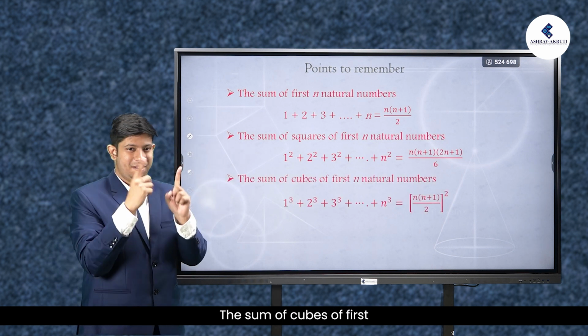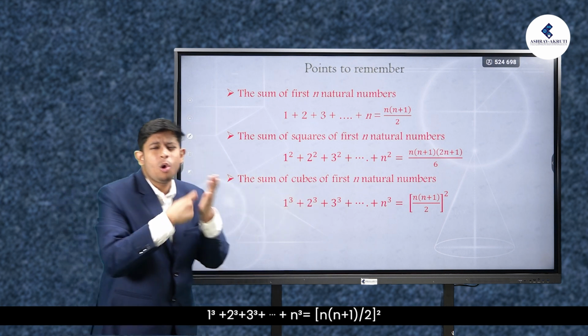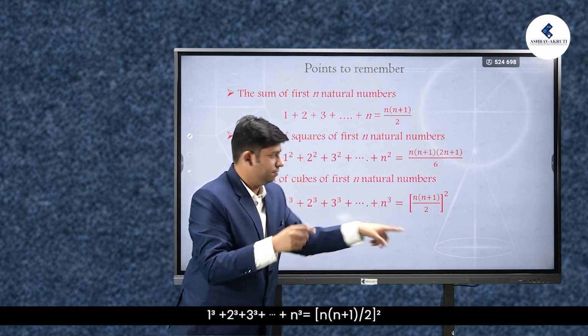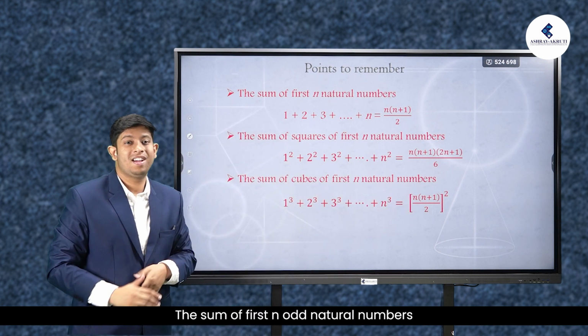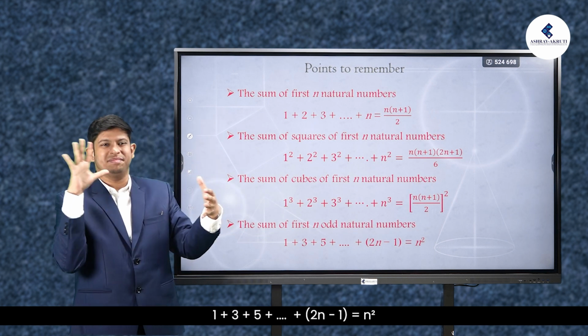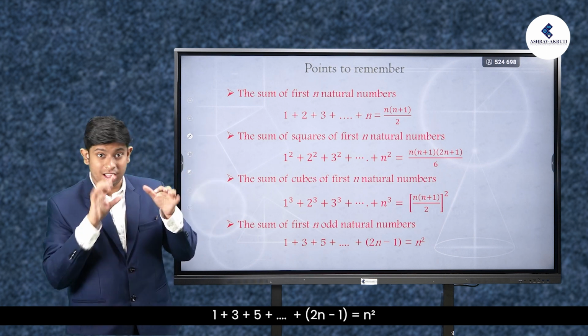The sum of cubes of first n natural numbers 1 cube plus 2 cube plus 3 cube plus so on plus n cube is equal to n into n plus 1 by 2 whole square. The sum of first n odd natural numbers 1 plus 3 plus 5 plus so on plus 2n minus 1 is equal to n square.